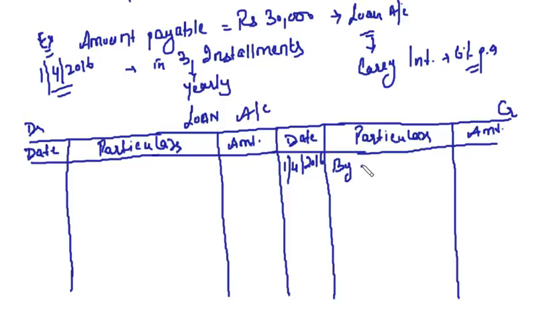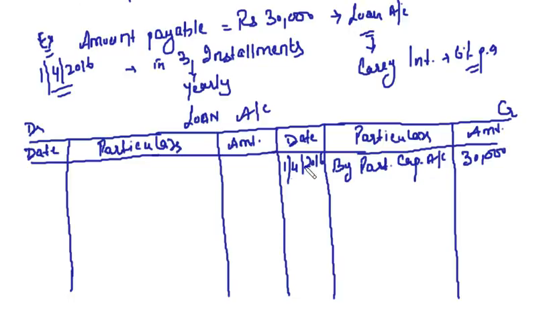They will say by partner's capital account 30,000. The balance in the capital account, they will transfer it to the retiring partner's loan account. What will be the journal entry? Retiring partner's capital account debit to retiring partner's loan account. So in the loan account, we will say by partner's capital accounts. Clear?